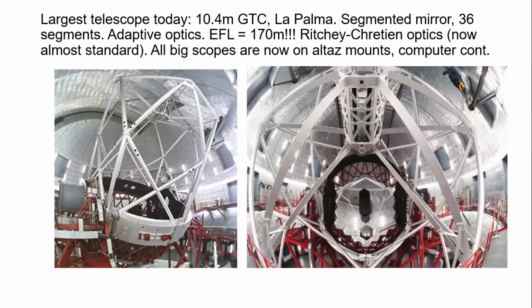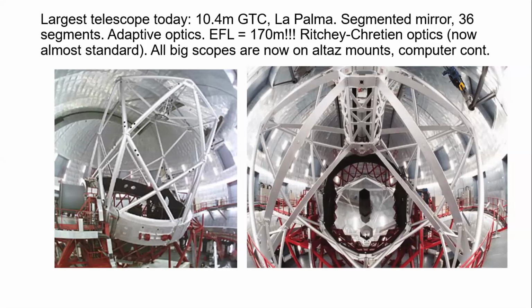Now, just to go back to the segmented mirrors, again, you can't make a single mirror with a diameter of 10.4 meters. So the mirror is made in segments. And again, using the computer and responding in terms of the adaptive optics, each of those mirrors can be individually tilted and moved slightly so that they bring the light from the object to focus simultaneously, and then the adaptive optics take over and it corrects the wavefront of the light being reflected from the primary mirror.